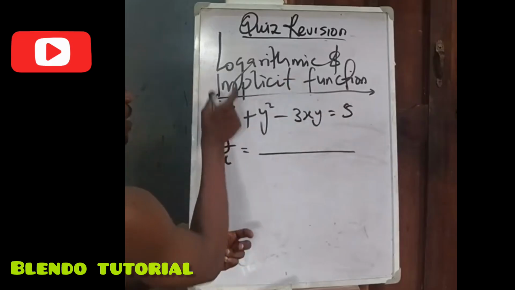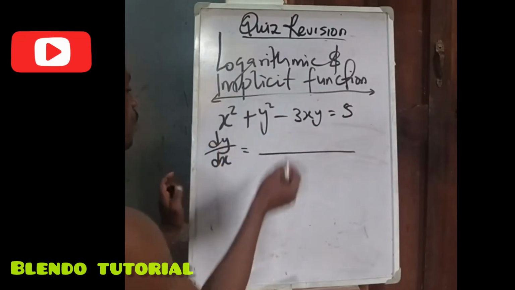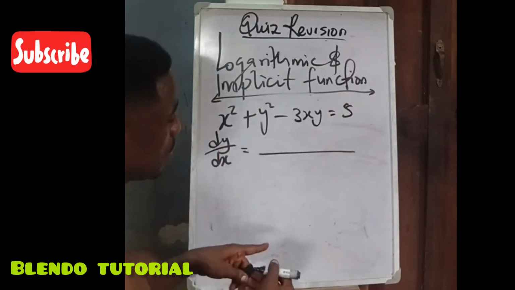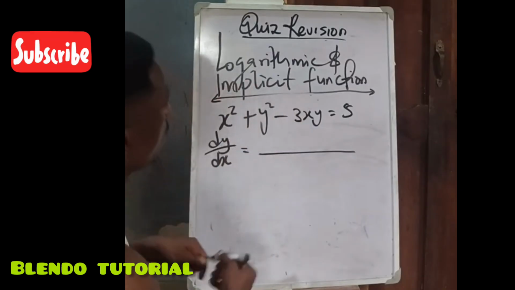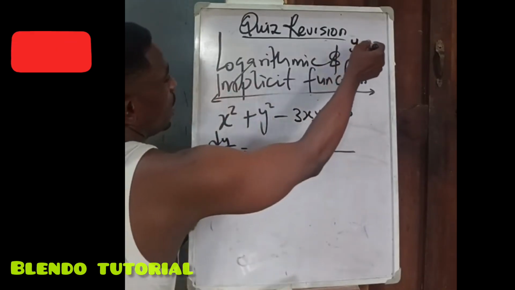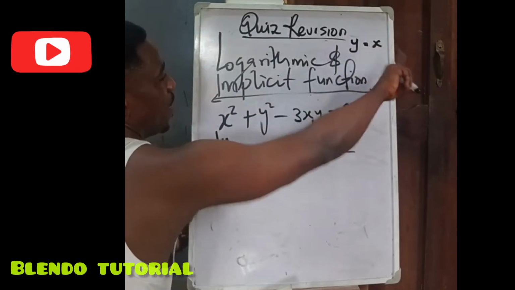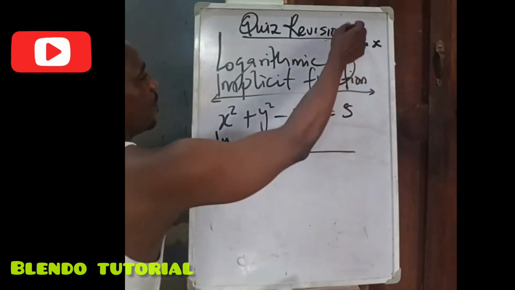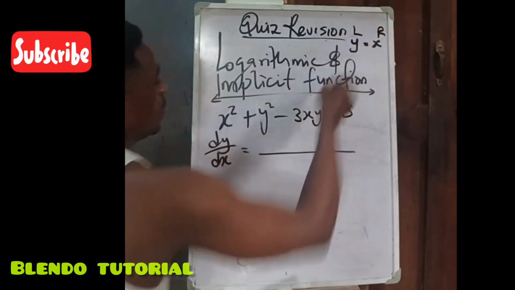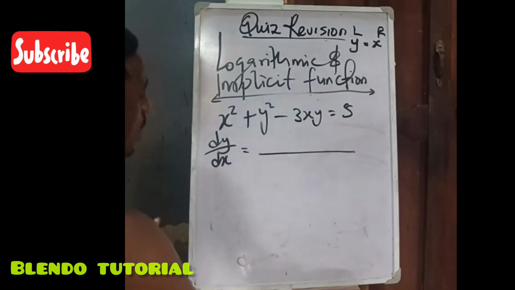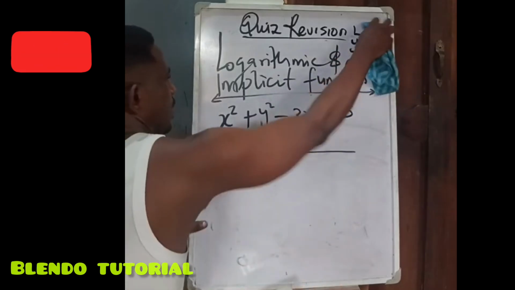So if you differentiate x squared, you put it at the numerator. But take note, x is not supposed to be here because normally y is equal to x. So the right hand side is where x is, and the left hand side is where y is. So y is supposed to be at the left hand side, and x at the right hand side. Take note of it.